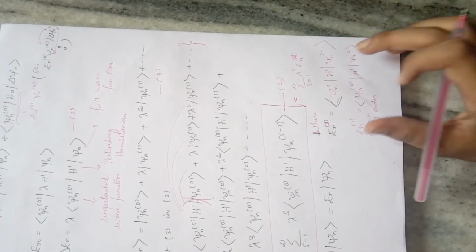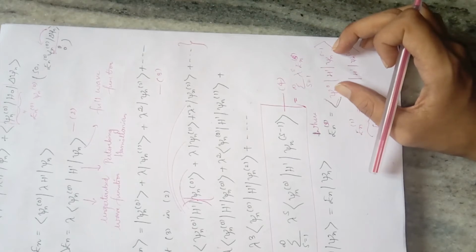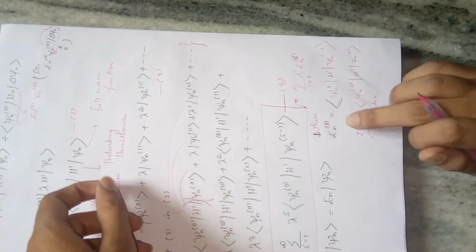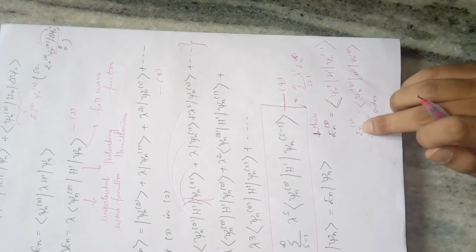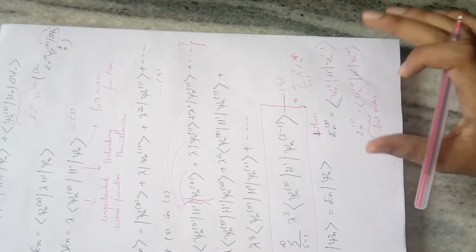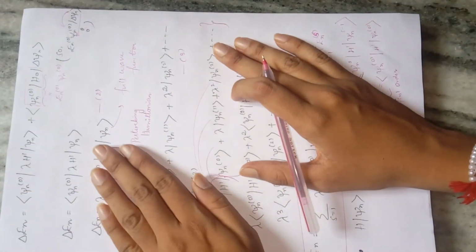This is very important, as this is the actual energy equation used for your first order and second order corrections. For the first order correction, in the place of s you write 1. So En1 will be psi n naught H dash psi n naught, because 1 minus 1 is 0. So this is the energy calculation from perturbation theory.